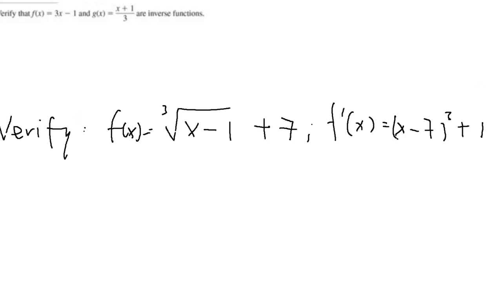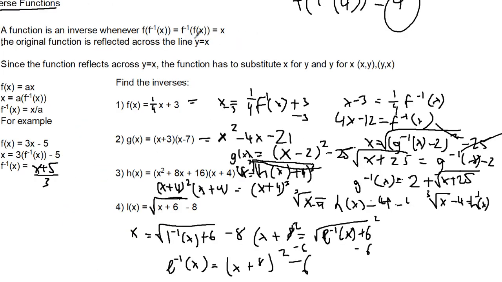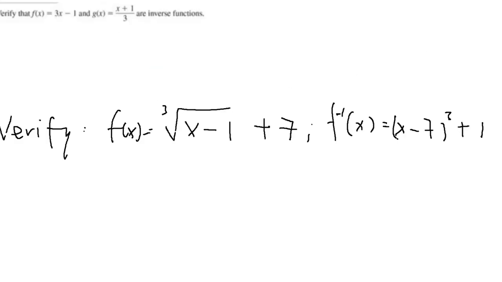Now we want to verify two inverses. I forgot to put the negative thing. Verify that f of x is equal to 3x minus 1 and f inverse of x are inverse functions. Now I've already said that if you want to verify it, you gotta do this because that's the definition of the inverse.